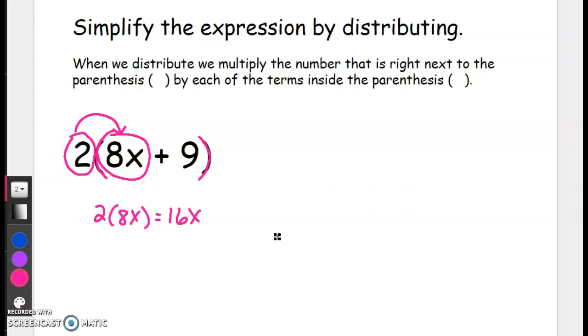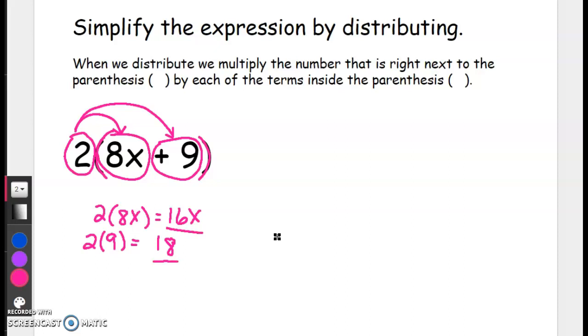The second thing that we're going to do, or distribute the second time, is 2 times the second term inside of the parentheses, which is a positive 9. When we do 2 times a positive 9, we get 18. When we look at these two terms that we ended up with, this 16x and this 18 are not like terms, so we cannot combine them.